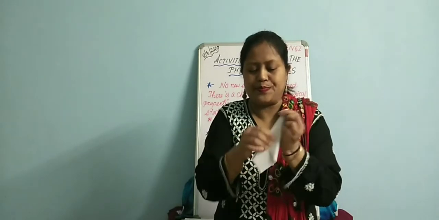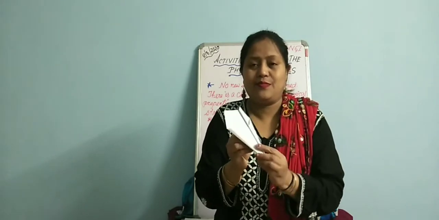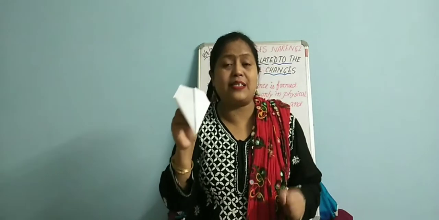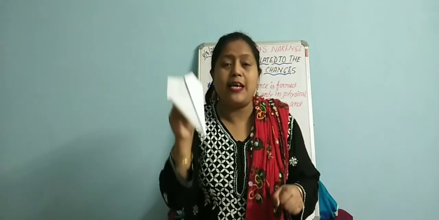Now children, look what I have made. I have changed the entire A4 size paper into this form. It means I have made a small paper plane out of that entire paper.